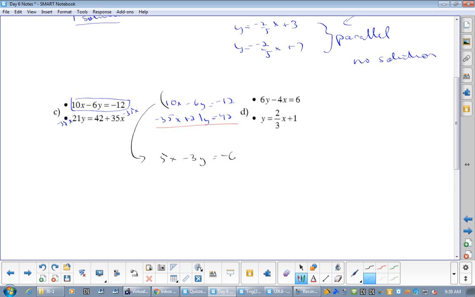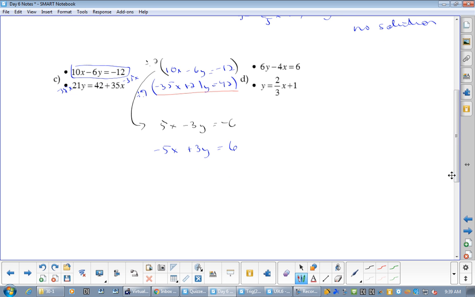Okay, so we divided by 2. Now, maybe you've never done that before, but you can multiply everybody by 2, you can divide. Now on the second one, what can we do? Divide by 7. So I will get, so how many?